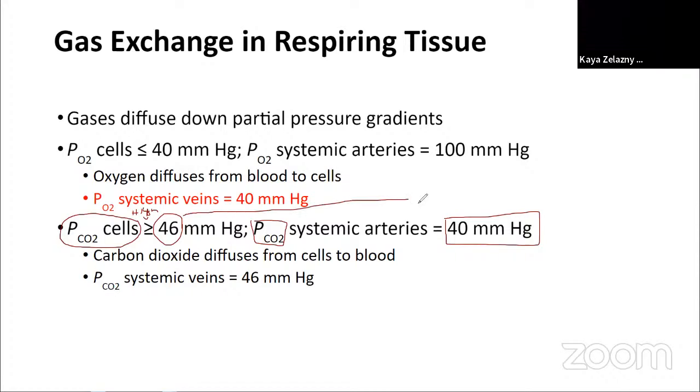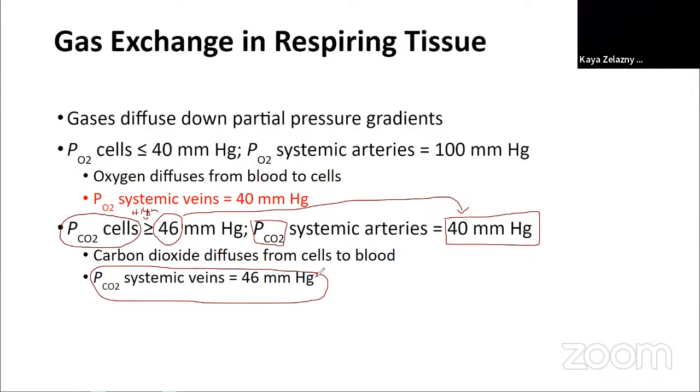It's traveling from high to low, which brings up the partial pressure in the systemic veins to 46 at equilibrium with that tissue. So all that's happening here really is we're coming to equilibrium with the air in the alveoli at the lungs. We carry along those partial pressures through our systemic arteries until we get to the tissue.